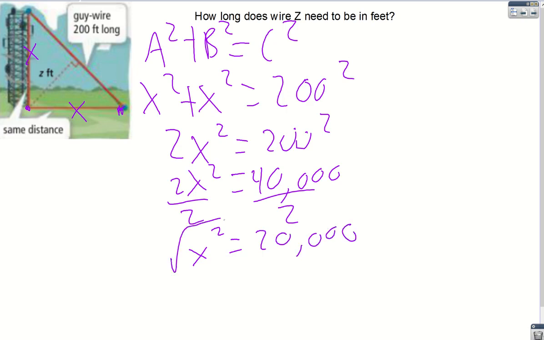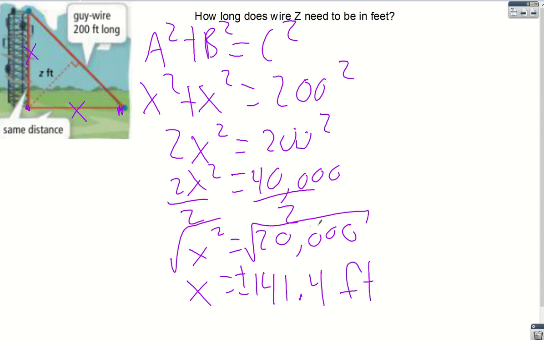So now we can square root both sides, and then we would get x is equal to 141.4 feet. And we're going to say plus or minus because it's a square root, but because it's feet, we can't have negative feet, we're going to just assume it's positive.